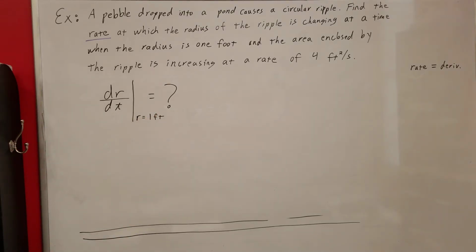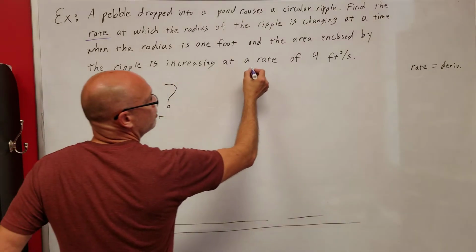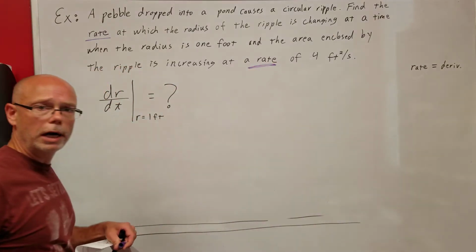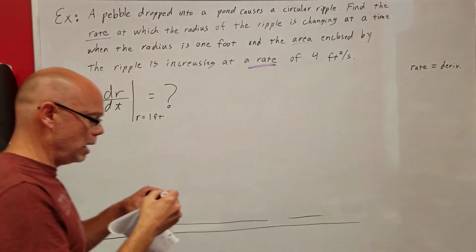When the radius is 1 foot and the area enclosed by the ripple is increasing at a rate of 4 square feet per second. Look at that last part. When the radius is 1 foot and the area enclosed by the ripple is increasing at a what? At a rate. What is increasing at a rate? The area, right?